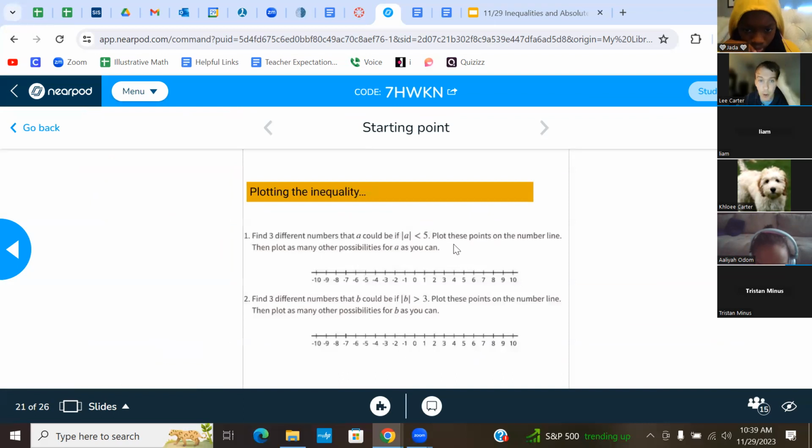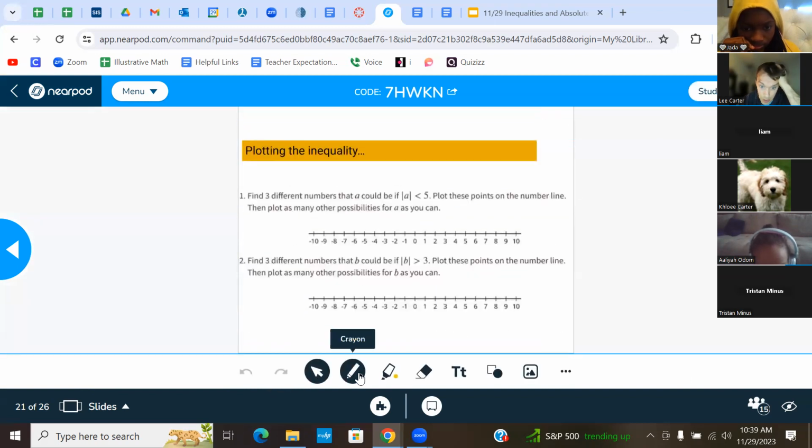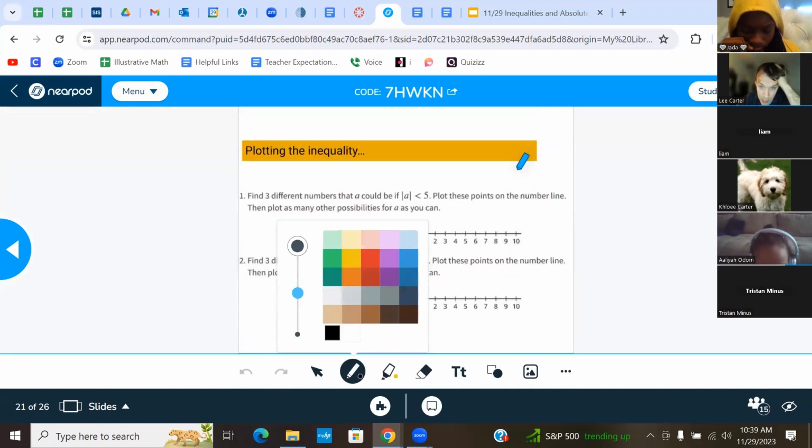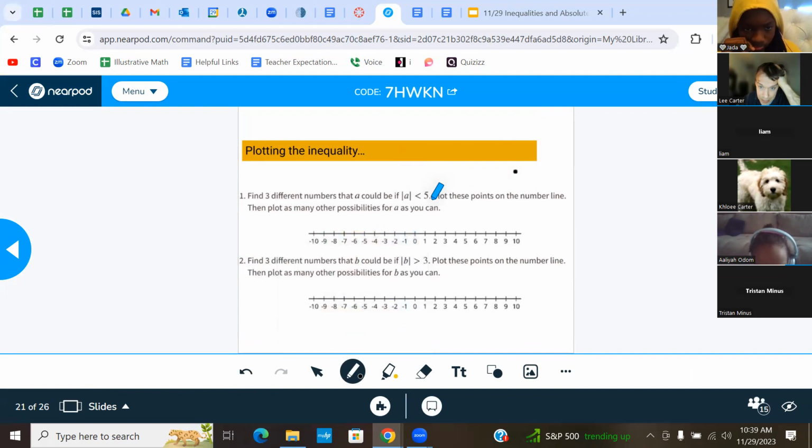Okay, and adjust your answers to match mine, please. All right, so if the absolute value of A is less than 5, that means that A could be, for example, -4. Is the absolute value of -4 less than 5? Yeah. So the absolute value of -4 is 4.